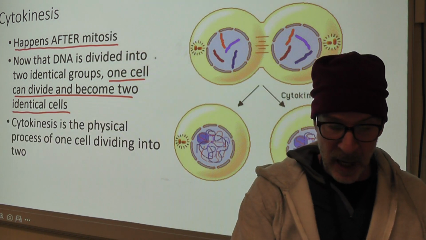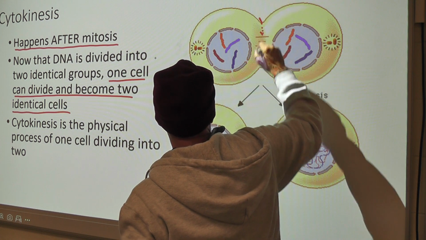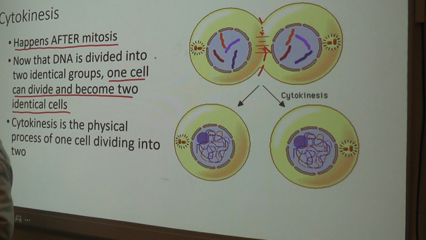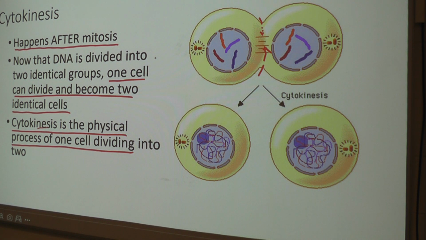And then a new cell membrane and/or cell wall are built, and that formerly what was one cell is now physically two separate cells. So cytokinesis is the physical process of one cell dividing into two.